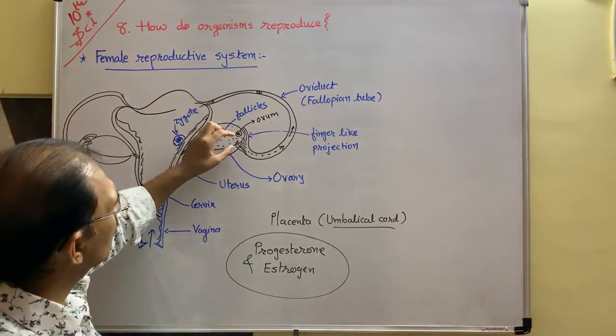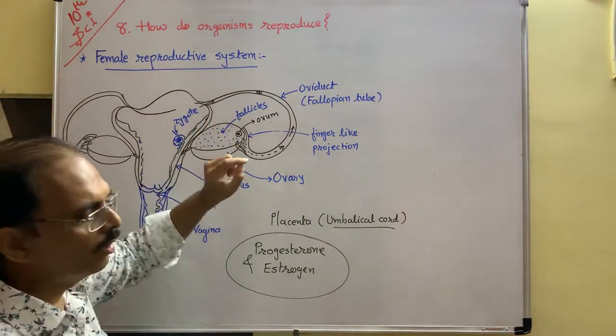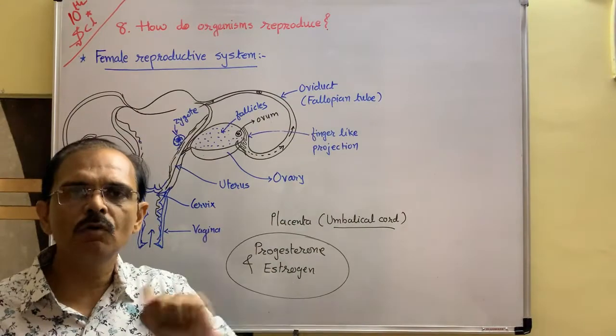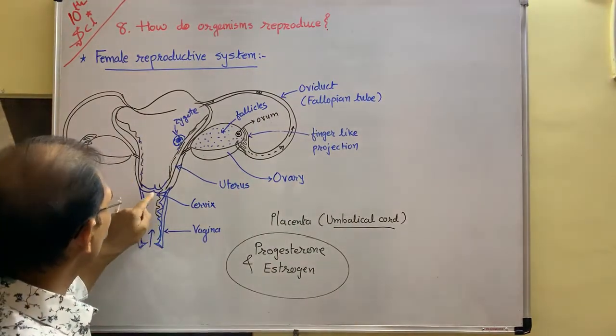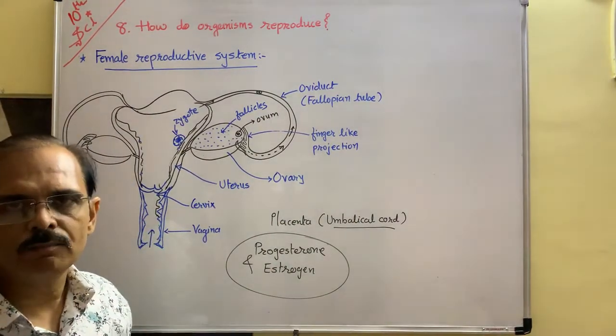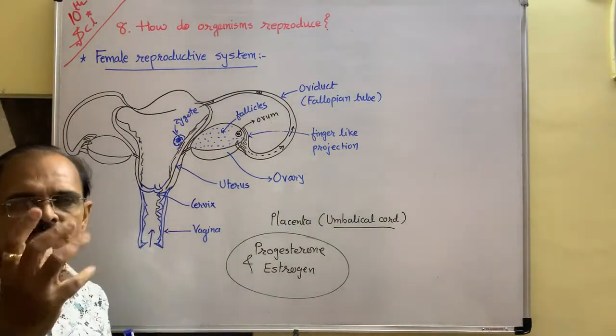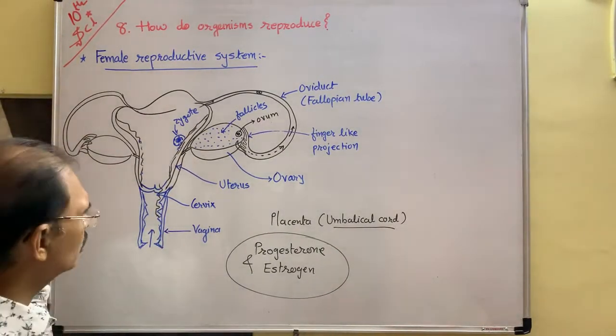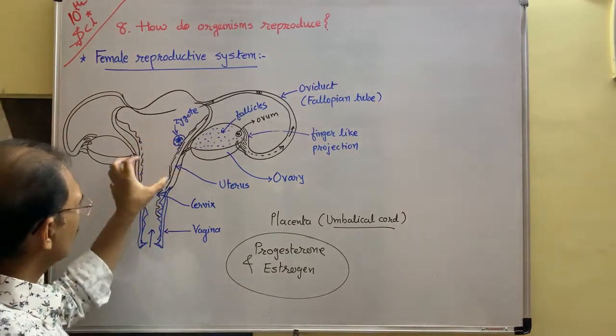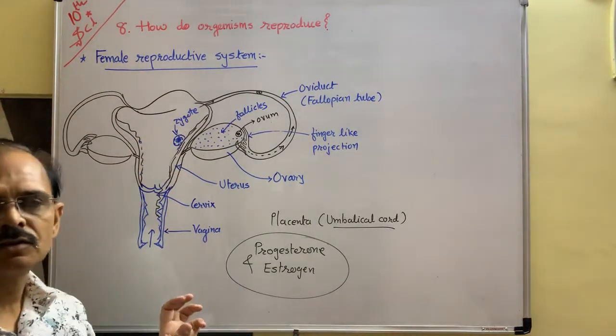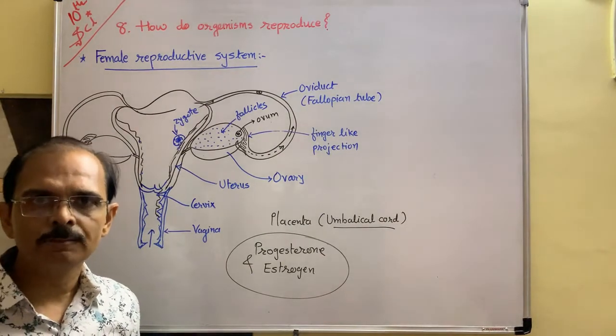Estrogen is formed at the time of production or maturation of the ovum, and progesterone is formed at the time of birth of the baby. Because of this rhythmic relaxation and contraction of the vagina, the baby comes out of the vagina. This is called delivery of the baby.